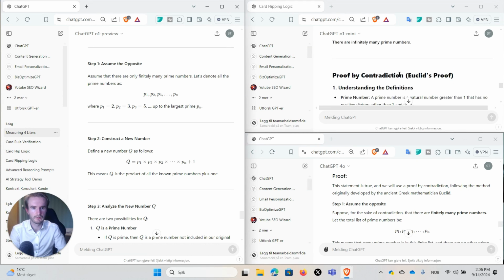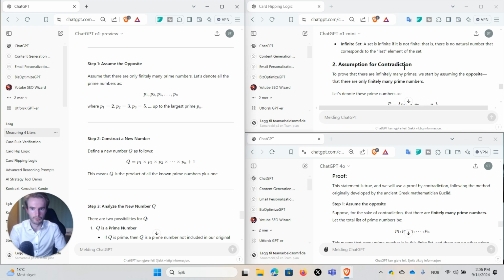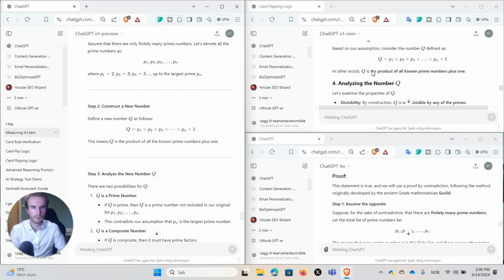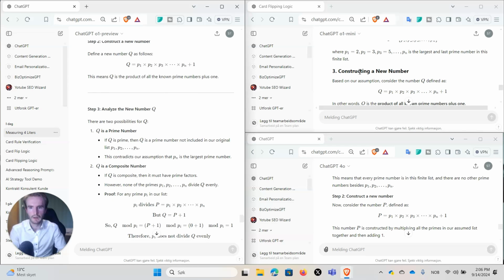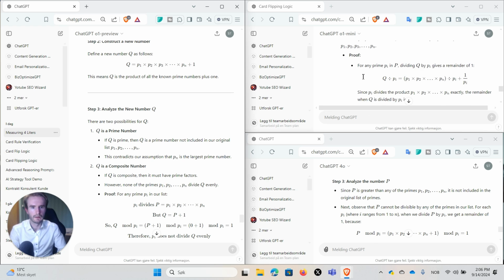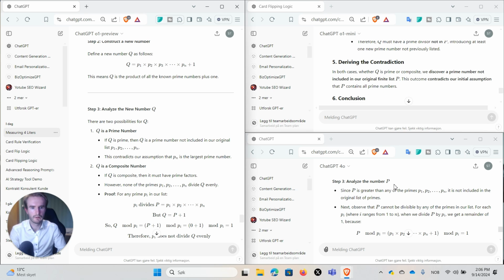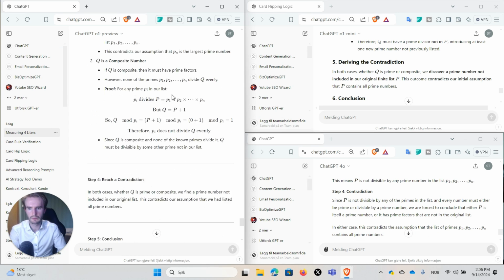Assume the opposite. Understanding the assumption for contradiction, construct a new number. Here it's similar: assume the opposite, construct a new number. Analyze the new number, derive the contradiction.